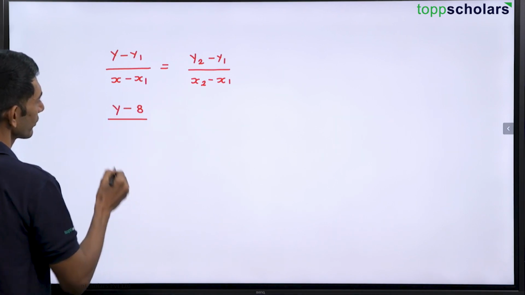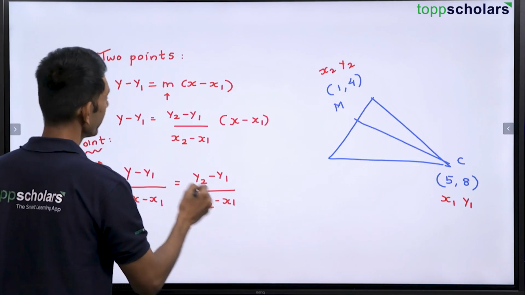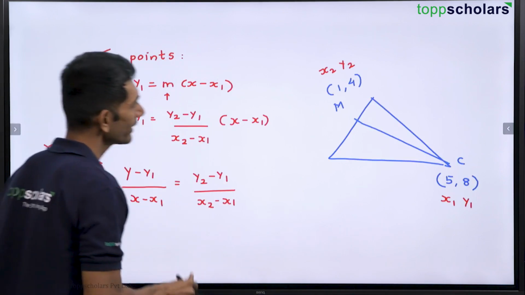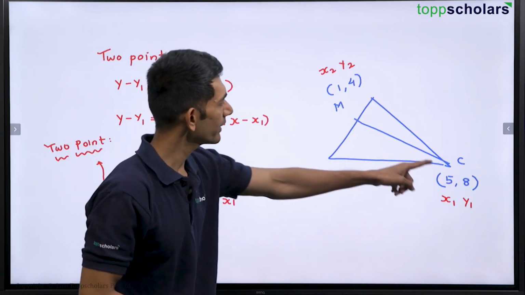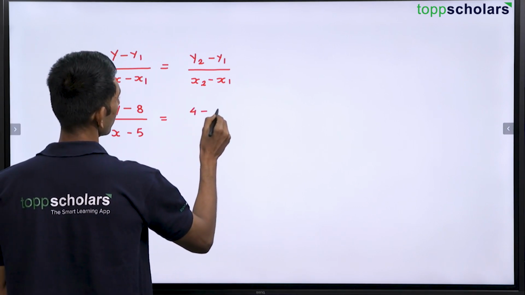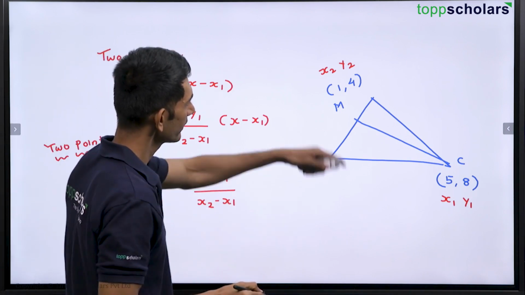by x minus x1, x minus 5 is equal to y2 minus y1, that is 4 minus 8 by x2 minus x1, that is 1 minus 5.